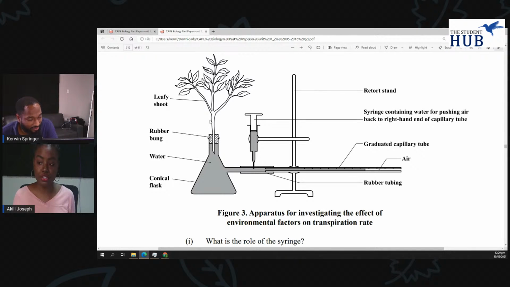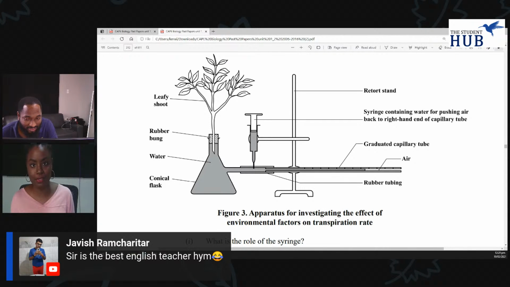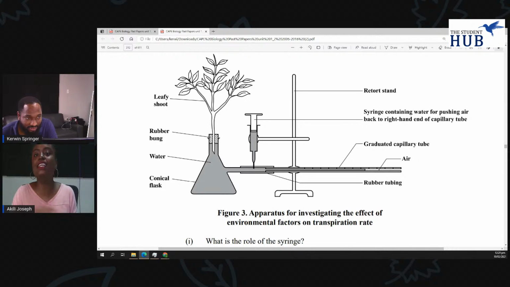Another control that you can do is to set up the apparatus again, but put Vaseline on both the top and bottom surfaces so that you're basically sealing off the entire plant. You're sealing all these stomata. So then you can compare what your baseline would be if there was no stomata present, because that's what sealing the stomata actually does.